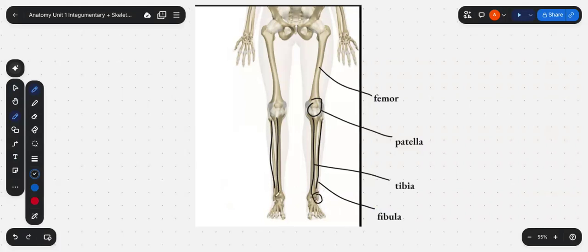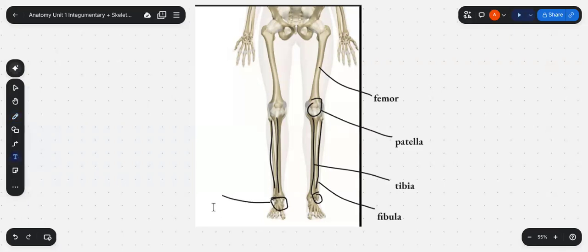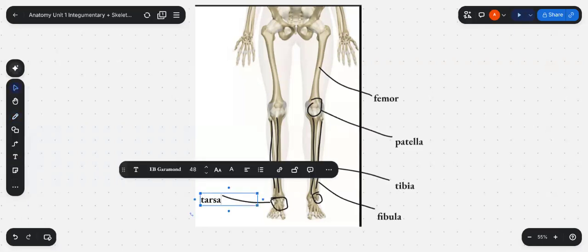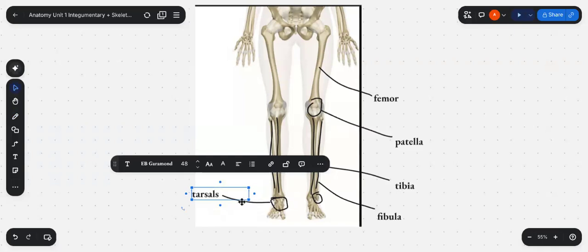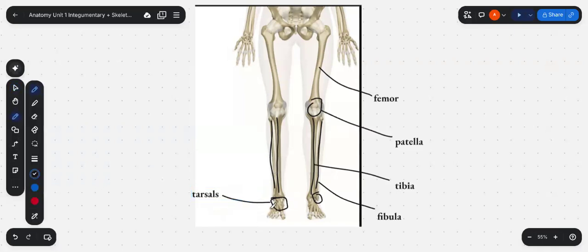So next we have your tarsals. This is going to be your ankle bones. Tarsals, right over there. And they are short bones. So there's just going to be a ton of tiny little short bones. And then you have your metatarsals, which are all of these ones over here in the middle.